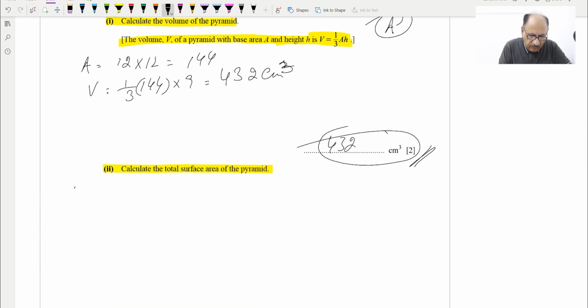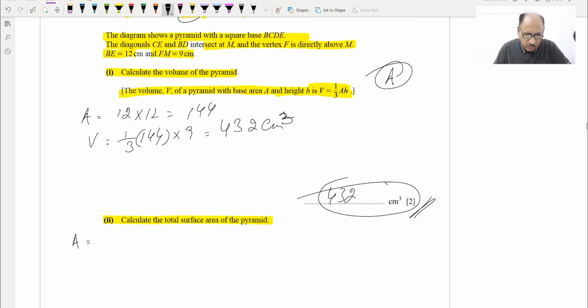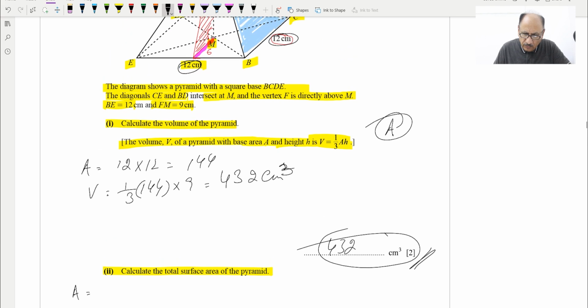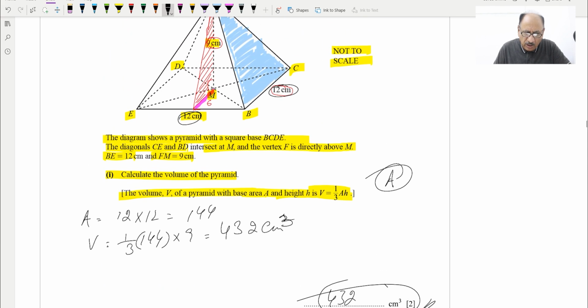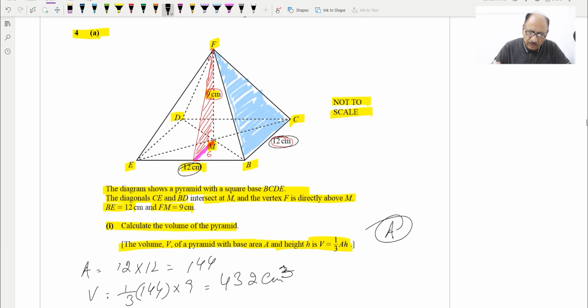And now area of the base is what? Basically area is equal to half into base into height for the triangle, right? So first we will find the slanting height, which is, if we take this point, for example F, and we can take this as P. So FP we can calculate.